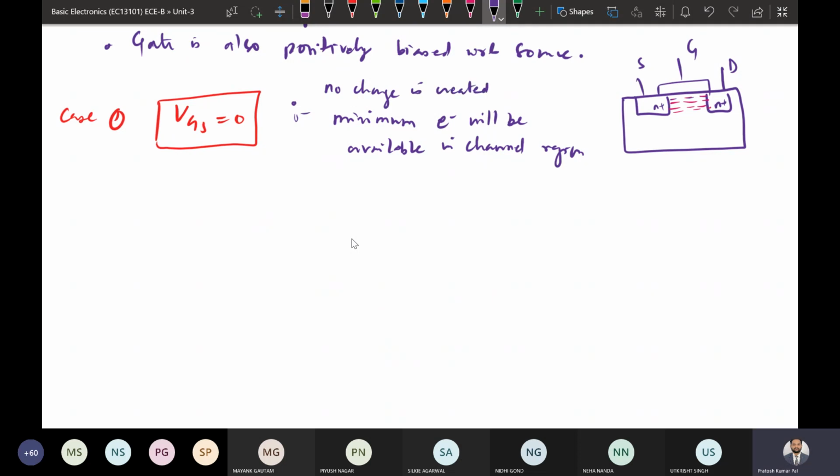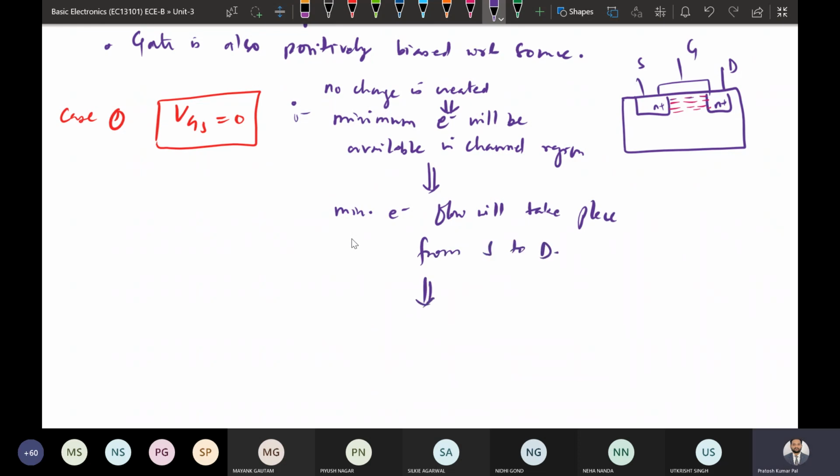If no charge is created, that means minimum electrons will be available in the channel region, so the minimum electron flow will take place from source to drain side.